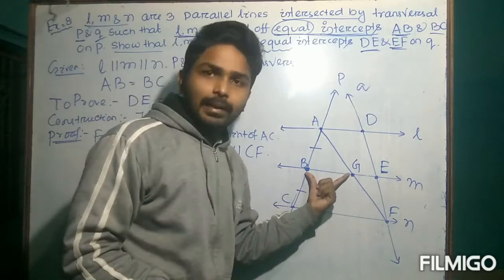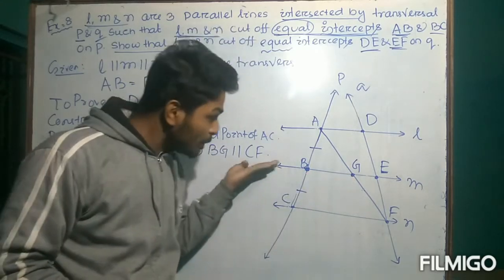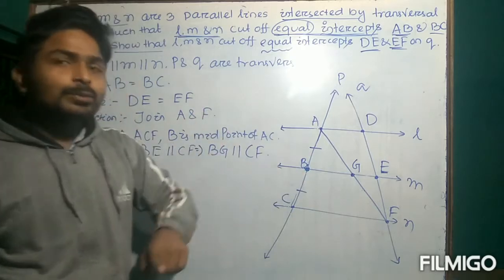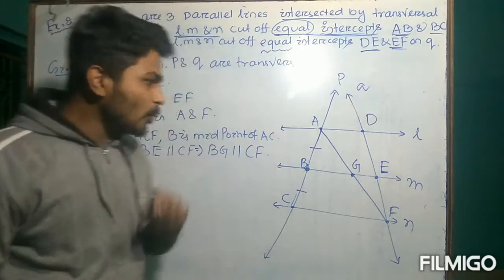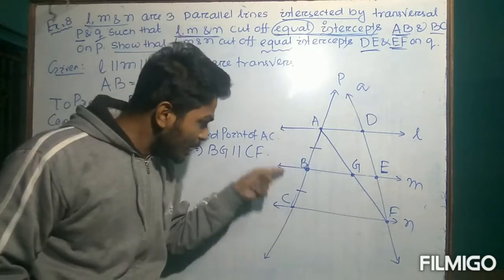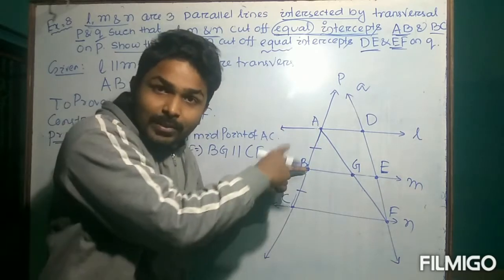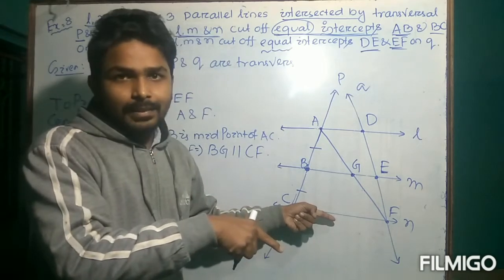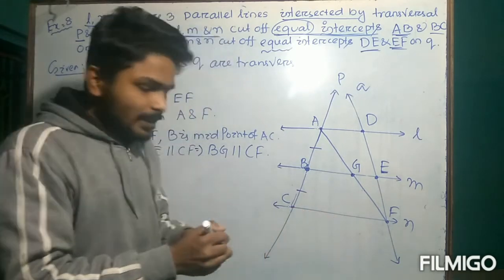And this is a line segment. This line segment passes through the midpoint of one side of a triangle. And according to theorem 8.10, which we have studied, if a line segment passes through the midpoint of one side of a triangle and is parallel to another side, like this, just see this.